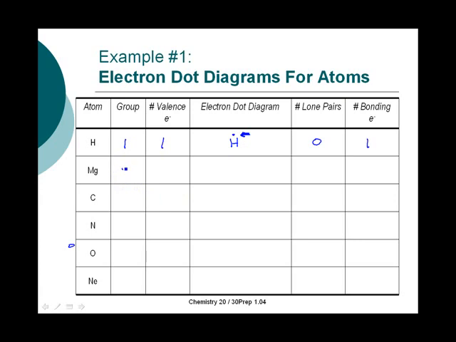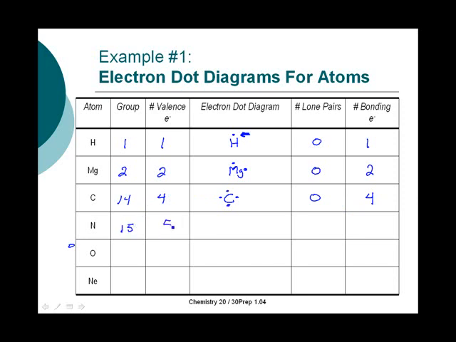Magnesium is in group 2, which means it'll have 2 bonding electrons. So when we draw its diagram, it's going to look like this. It still has no lone pairs. It has no pairs of electrons that are together. It has 2 electrons in separate orbitals, so it has 2 bonding electrons, and so we have 2 spots for potential bonding. Carbon is in group 14, which means it has 4 valence electrons, and so there'll be 1 in each orbital. Still no lone pairs, but it has 4 bonding electrons.